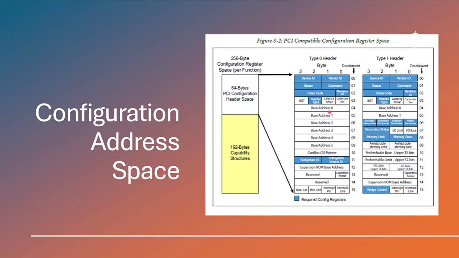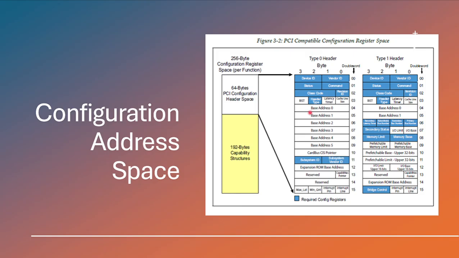This is the base address register. Whenever our component, which is our root port, wants to send memory traffic, you have to configure the limit and the base address for the memory traffic. You configure this using the configuration address space registers. You have to configure the size and the starting address.